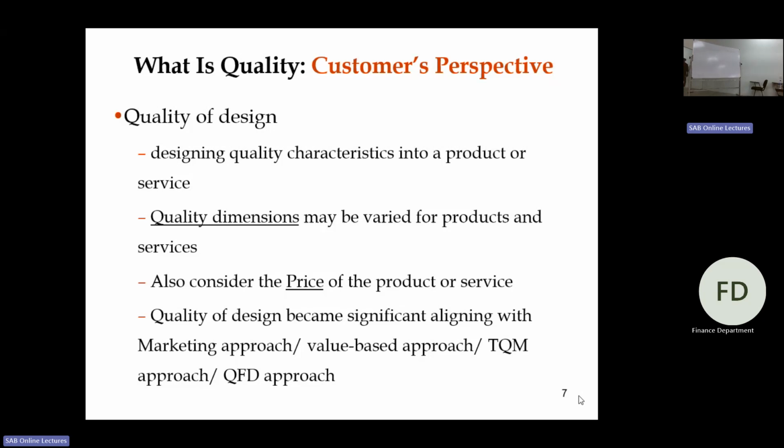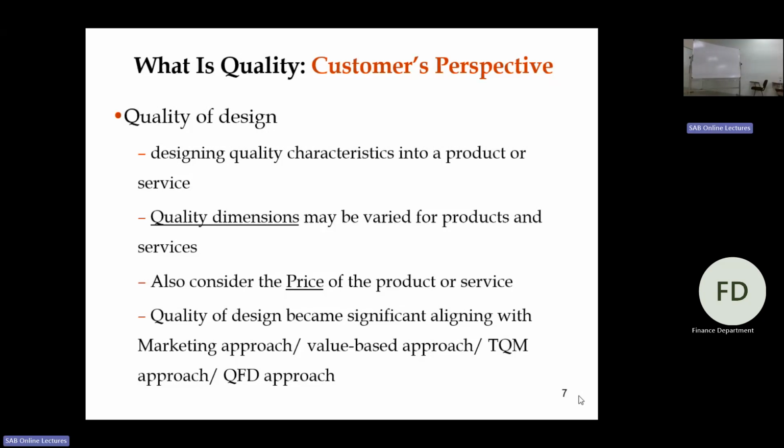So businesses are now supposed to design products as per the customer requirements. So remember, when we talk about product design, we talk about value-based design, QFD approach. You will understand later. They are talking about customer-defined quality.